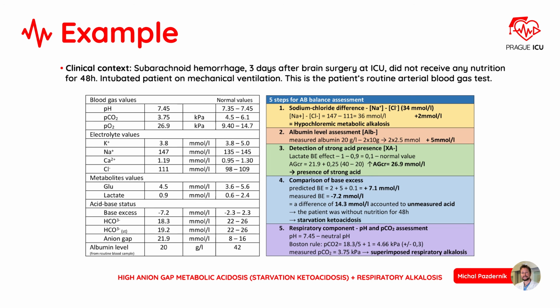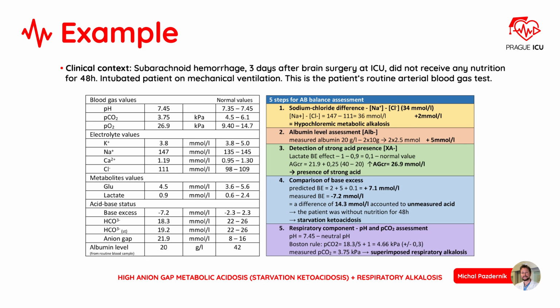Our patient has a normal level of lactate, but there is corrected anion gap of 26.9 millimoles per liter, which means the presence of strong acid, as the normal value of anion gap is much lower, around 12. Step 4 focuses on base excess. Predicted base excess as a total sum of base excess calculations in steps 1 to 3 is plus 7.1 millimoles per liter.